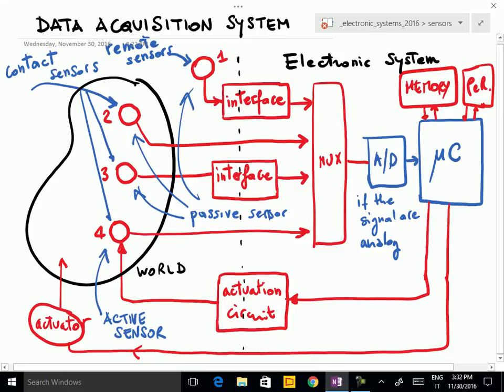This line that I've drawn here, which separates the electronic system from the rest, is also called the signal conditioning interface.